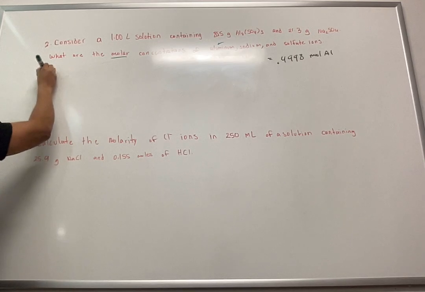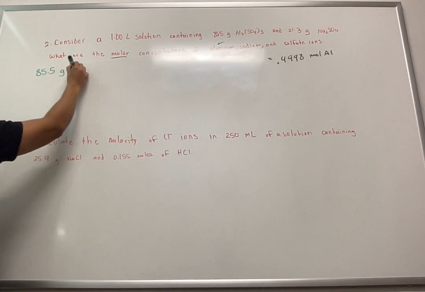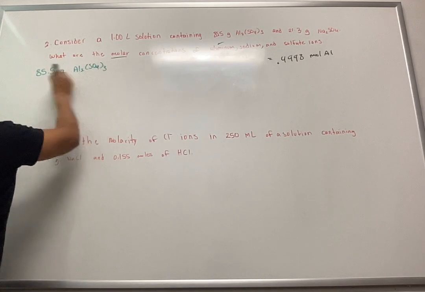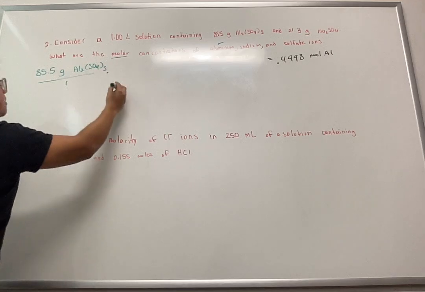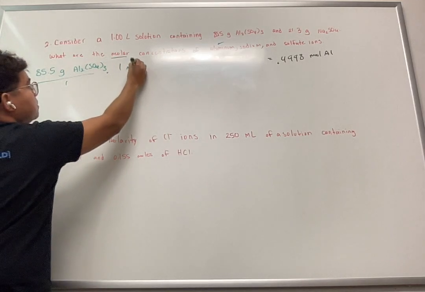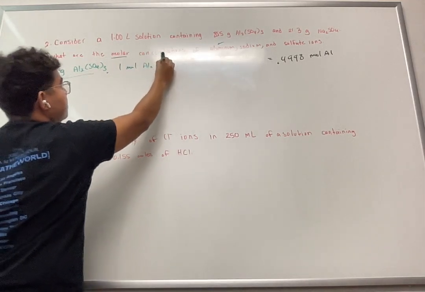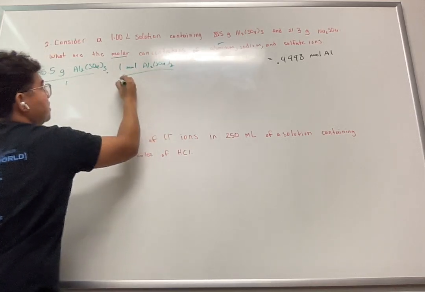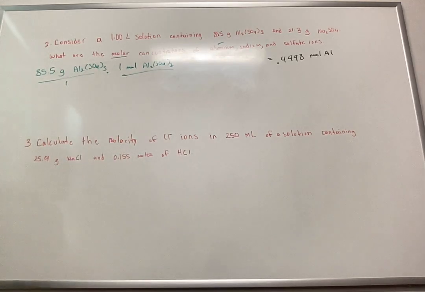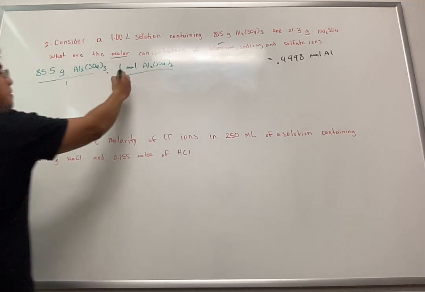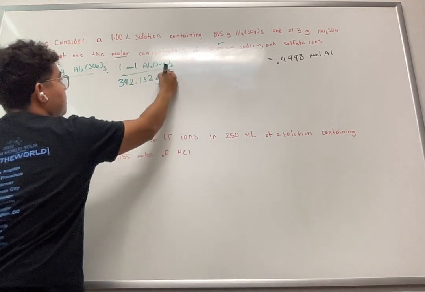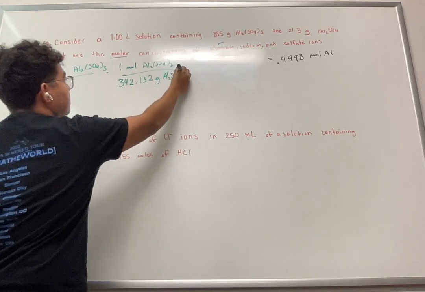85.5 grams of aluminum sulfate over 1 times 1 mole of aluminum sulfate, Al2(SO4)3, over the molar mass of aluminum sulfate, 342.132 grams aluminum sulfate.